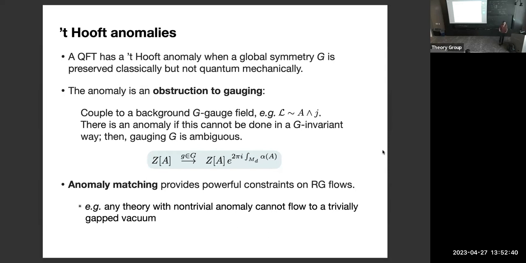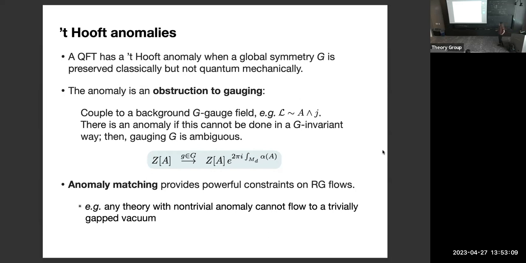And this implies that gauging the global symmetry is ambiguous. If I try to promote this background gauge field to a dynamical gauge field and sum over it in the partition function, doing the path integral over this gauge field, then if these configurations are related by these background gauge transformations, this is just ambiguous. So it's in that sense that the anomaly is an obstruction to gauging the global symmetry.